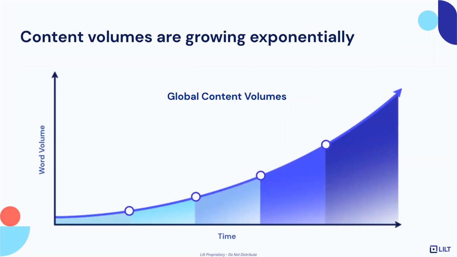So with the shift to the digital first world, if you can call it that, content volumes are just increasing dramatically. And this graph shows a little bit of the word volume that the world has been seeing over the last couple of years, and it's just increasing every month, every year.